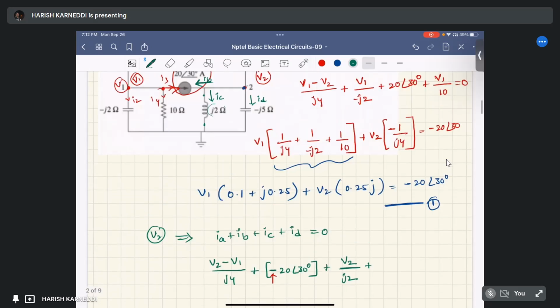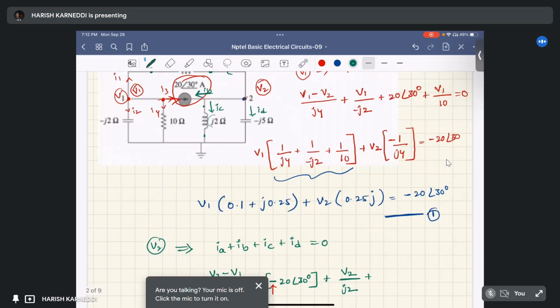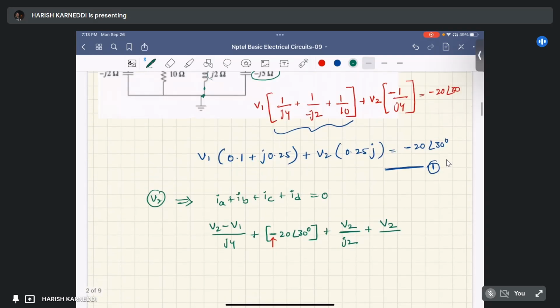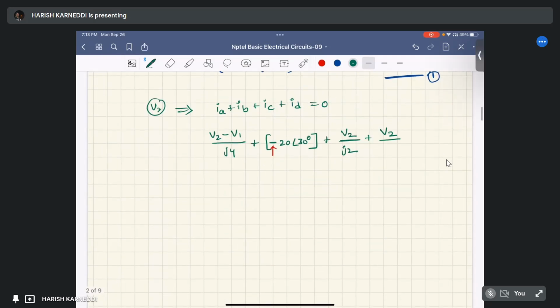What about ID? ID is the current through this minus j5 ohm capacitor. The voltage across this minus j5 ohm is the same as V2, because it is connected between node 2 and the reference node, that is ground. So how can we write ID? It is simply V2 by minus j5 ohm, equal to 0.